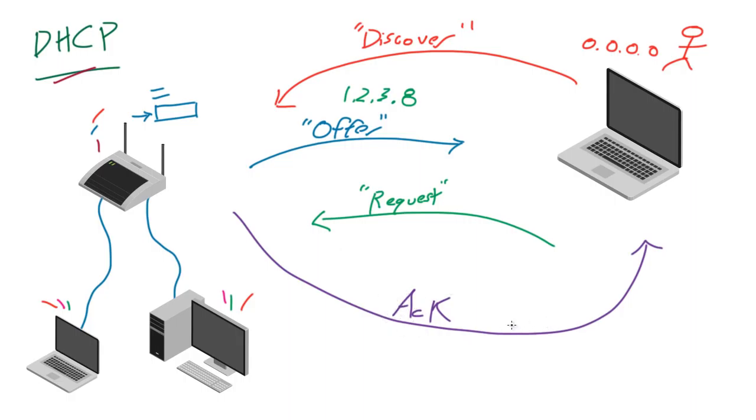It sends not only the IP, but also things like the subnet mask and how long the IP can actually be leased for, and the router's IP, and just a bunch of other information that it needs to be configured on the network. So the laptop receives it and configures it to connect to the network, and boom, you're good.